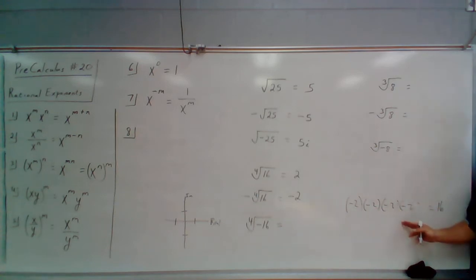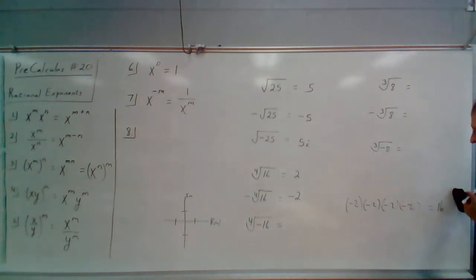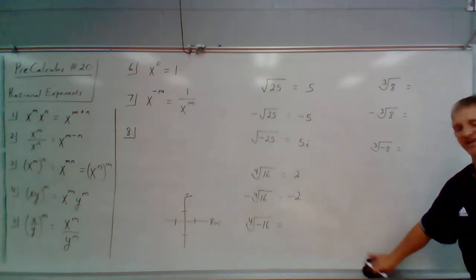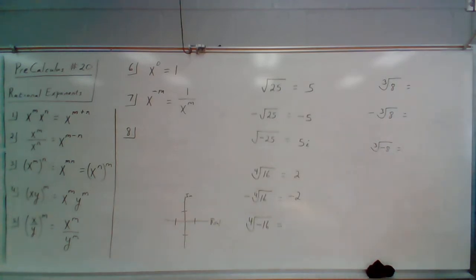So if I raise a negative number to an even exponent, I'm going to get a positive answer. But I'm supposed to get negative. So there's no real number that's going to work. Okay, so that's not real. The answer can't be a real number.